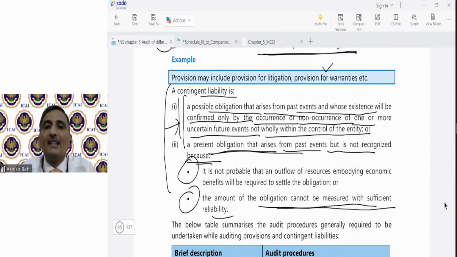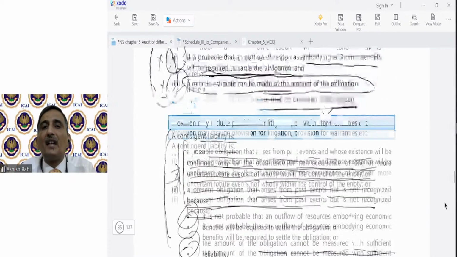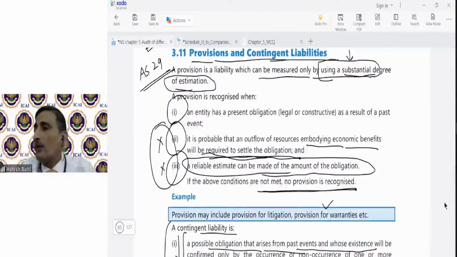Okay. So this is the definition of contingent liability. So I hope students you have gained a basic elementary understanding of the difference between provisions and contingent liabilities. Okay.